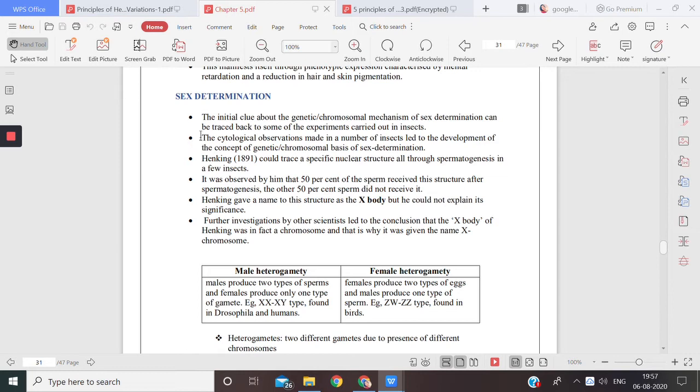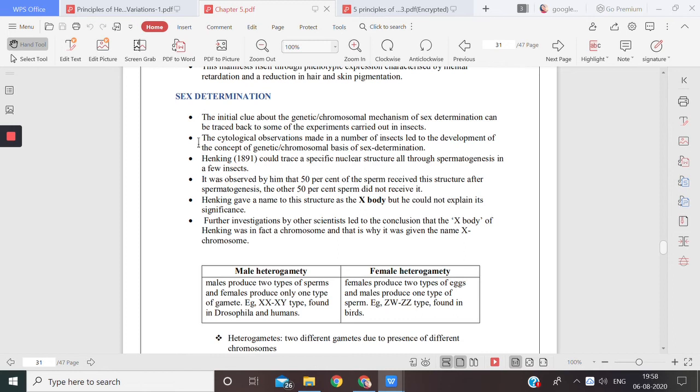The second point says cytological observation. Cytological observation means observation of the structure of the cell. The cytological observations made in a number of insects led to the development of the concept of the genetic or chromosomal basis of sex determination.